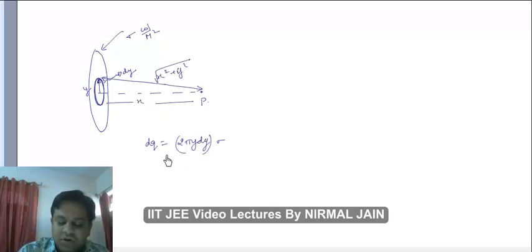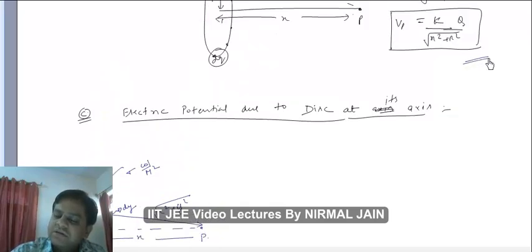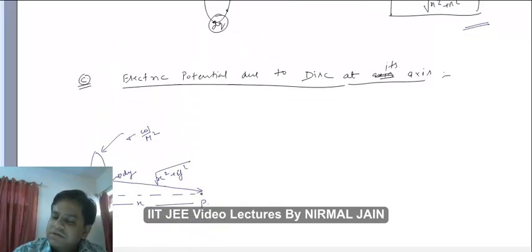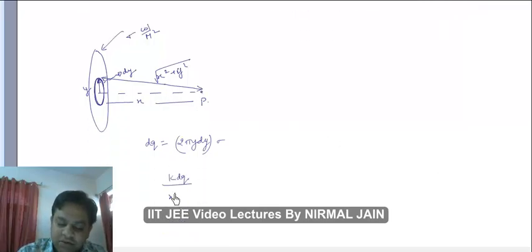So due to this ring, the point P is at the axis of this ring. So we know that at the axis of a ring, potential is kq by distance. So k dq by square root of x square plus y square.